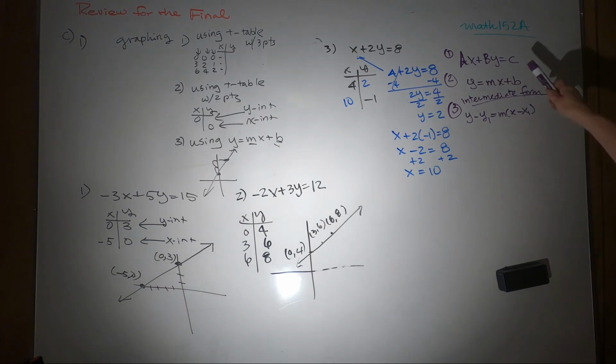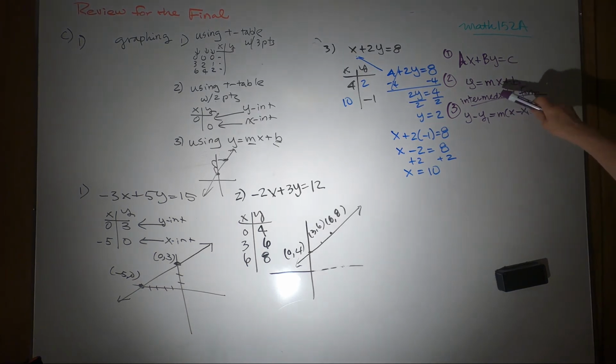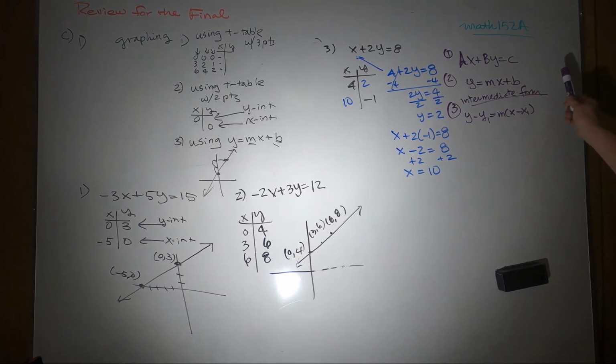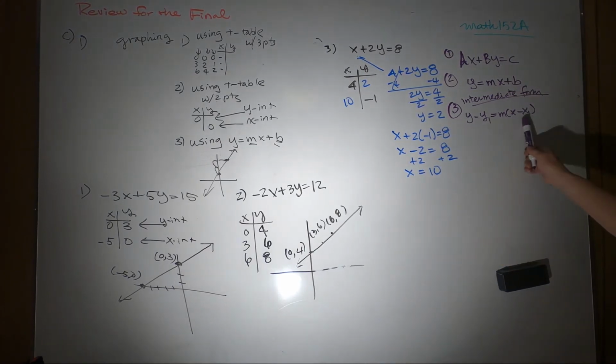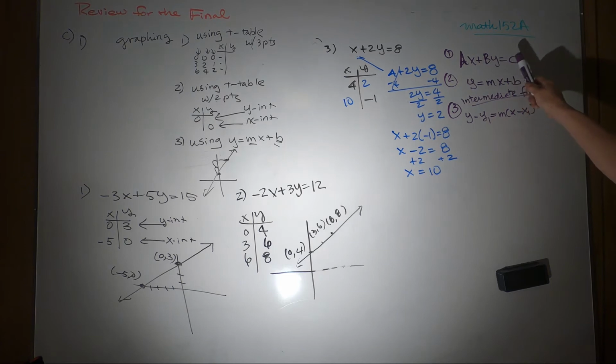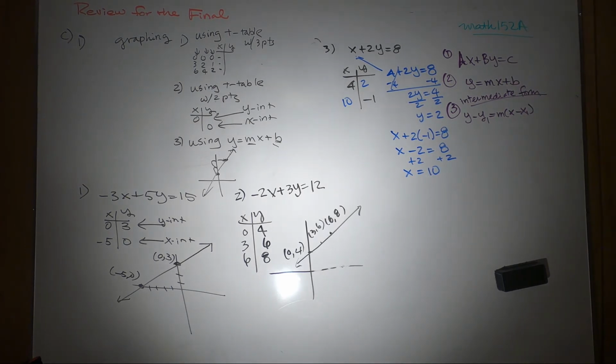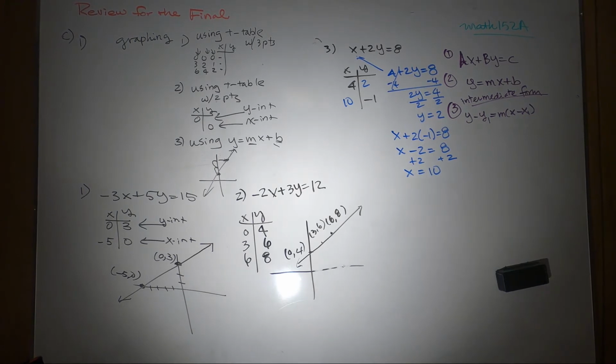We can use those forms to graph and write the final answer as a line, or we can use this intermediate one to plug in and write the intermediate form, then eventually we rewrite it as regular form for the line. If we give you a line, you have to write the equation. We can use the third one, okay?